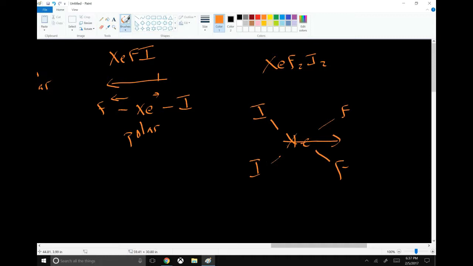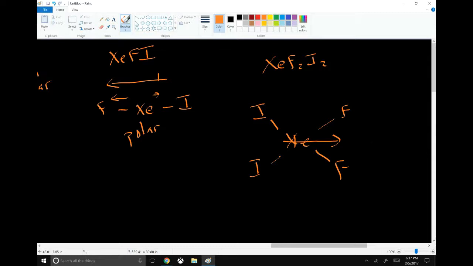So having different stuff bound to the middle atom will often, again, not always, but often, give you a polar molecule. It would be fairly rare, I think, for different atoms to give you a nonpolar molecule.